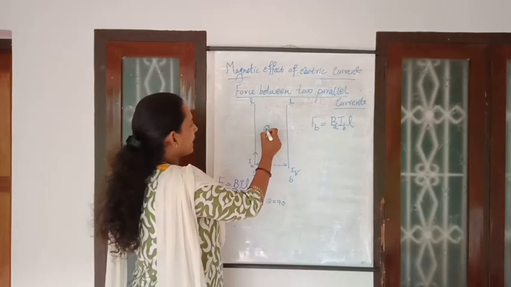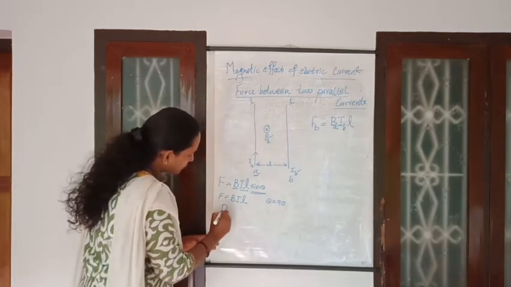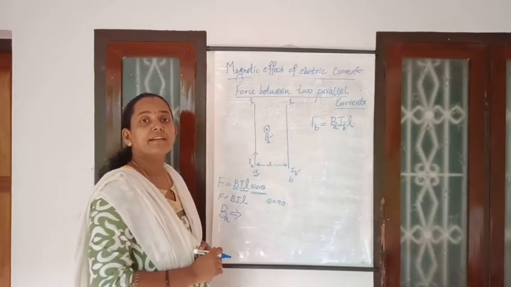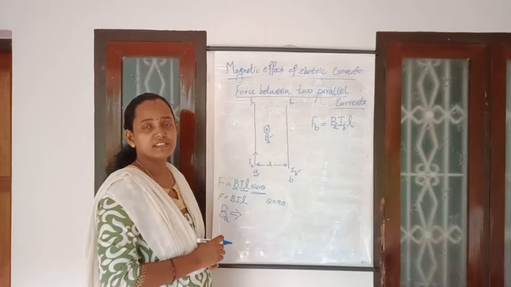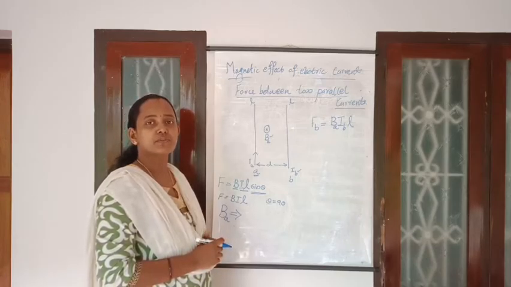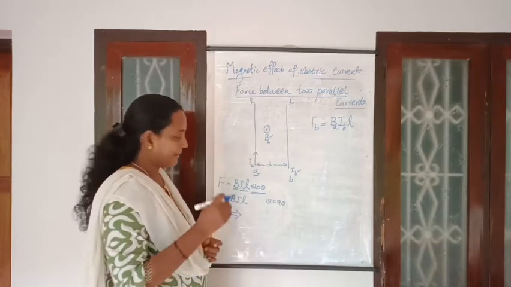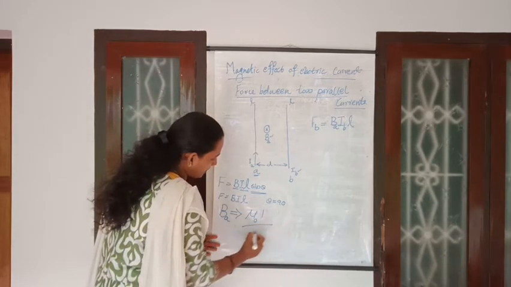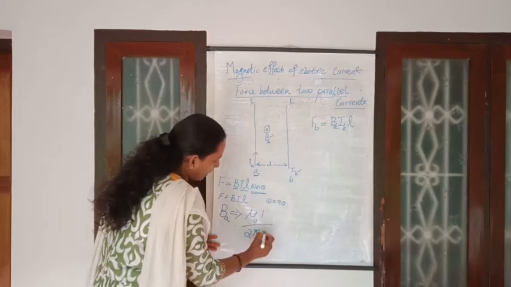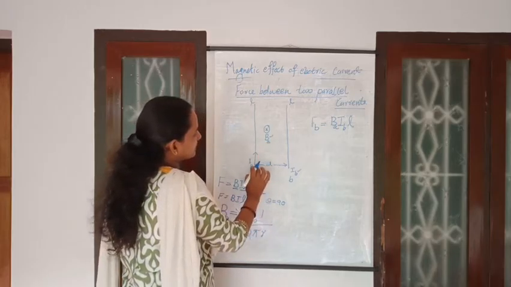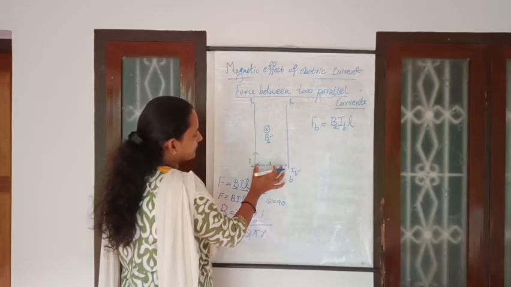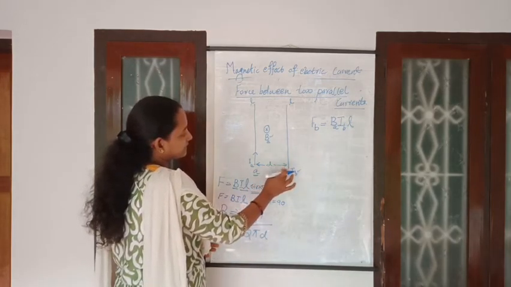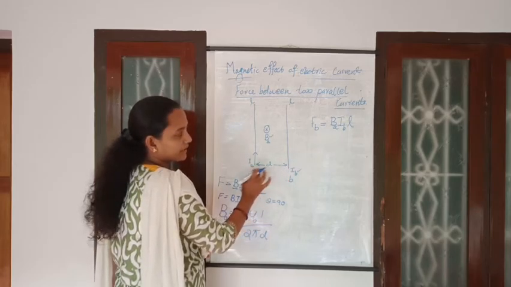But what is this B of A? It is the magnetic field produced by a straight conductor carrying current. The magnetic field produced by a straight conductor carrying current is mu 0 I by 2 pi r, where r is the distance, which here is 2 pi d, since this conductor is placed at a distance d from here.